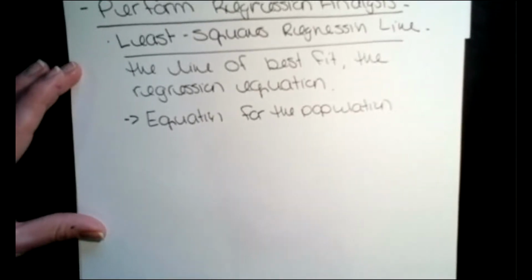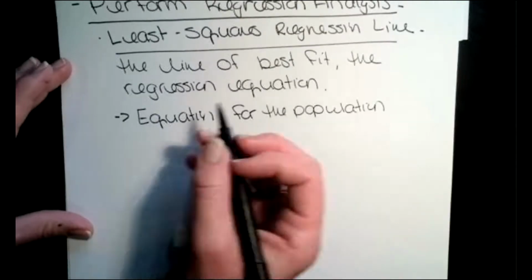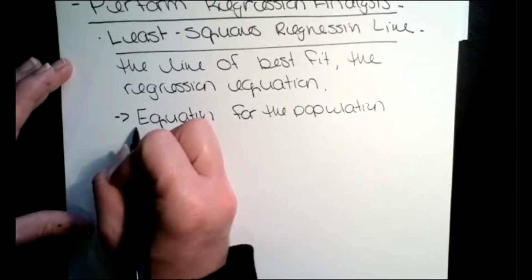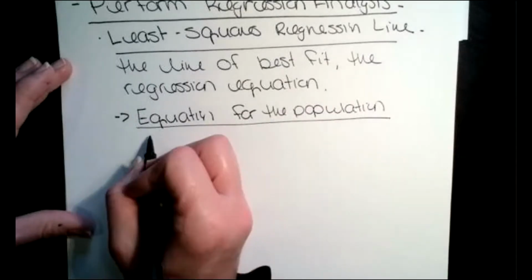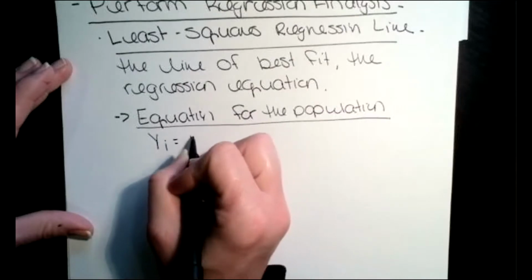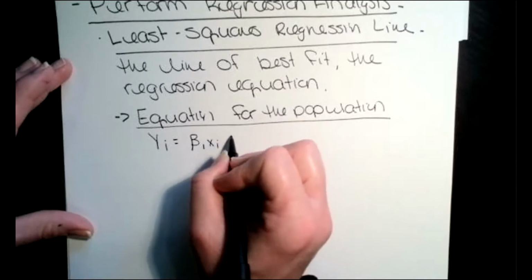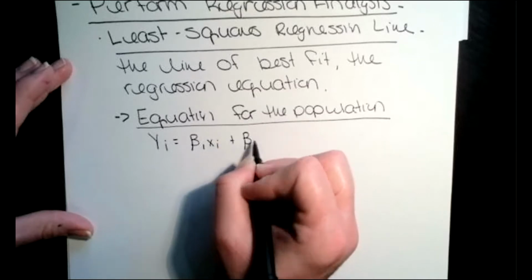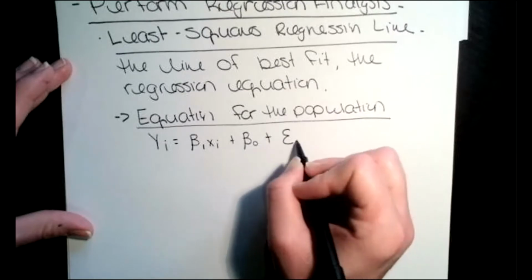We didn't talk about our equation for our population, okay? Our equation for our population is y_i is equal to beta 1 x_i plus beta naught plus, this one's new, epsilon i.